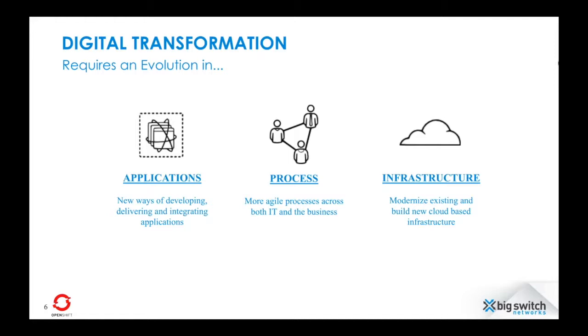They have to be much more agile and quick in terms of delivery, which means process enhancements need to happen. And the infrastructure itself also needs to evolve. It's not just about managing nodes and networks the way it used to be, but it needs to be very, very different in terms of how you move forward in order to realize the vision of digital transformation.